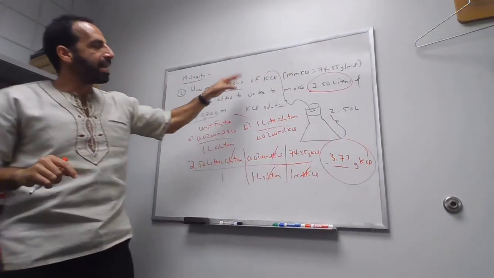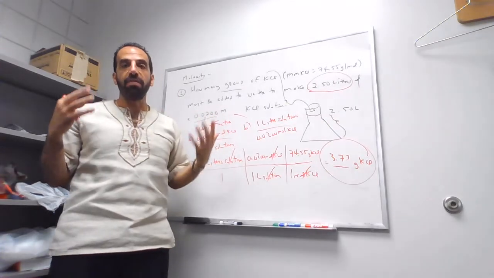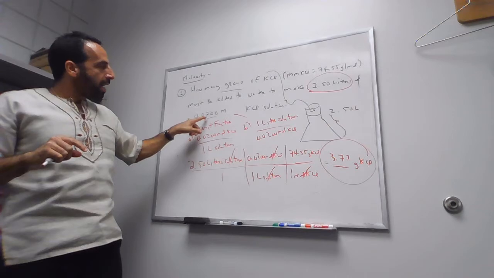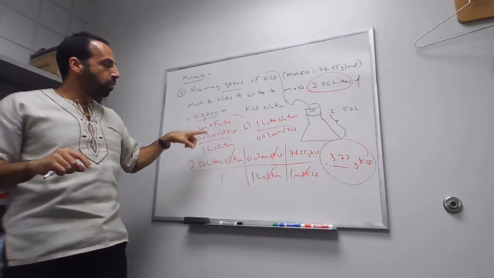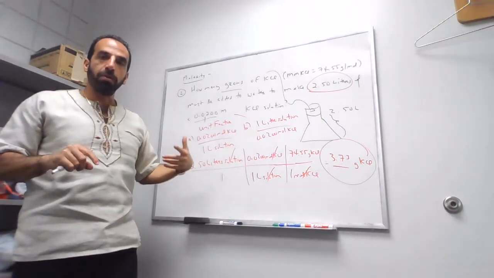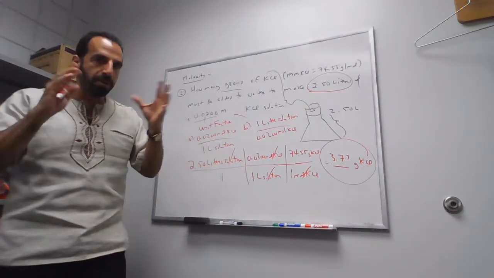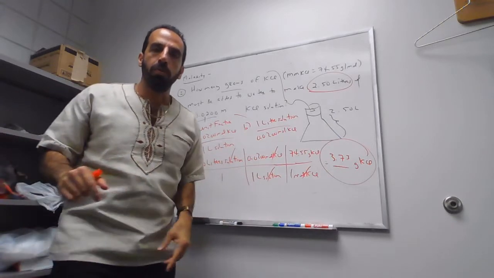So again, I need to add this many grams of KCl, dilute it down to 2.5 liters, and then I have my concentration. The trick to this, write down the concentration as a unit factor. So 0.02 over 1 liter, and 1 liter over 0.02. And then what's given is 2.5 liters. You don't want to write the unit factors of what's given. You can go from liters to moles, and then moles to grams.